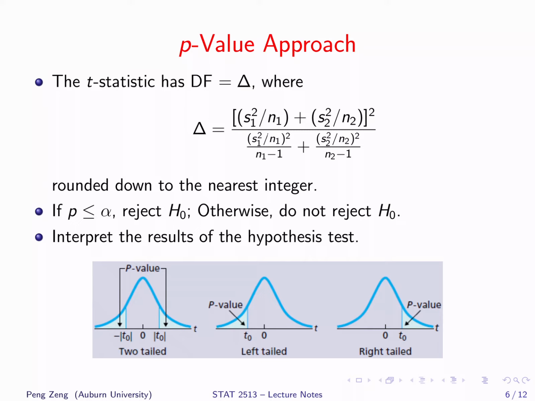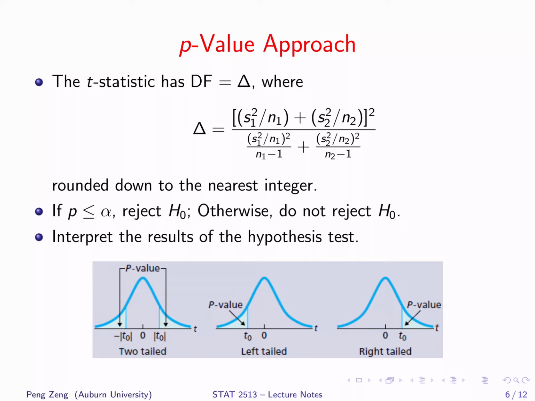When using the p-value approach, we also need to calculate the number of degrees of freedom. It is delta rounded down to the nearest integer. For two-tailed tests, the p-value is the sum of probabilities of less than negative absolute value of t0 or larger than absolute value of t0.